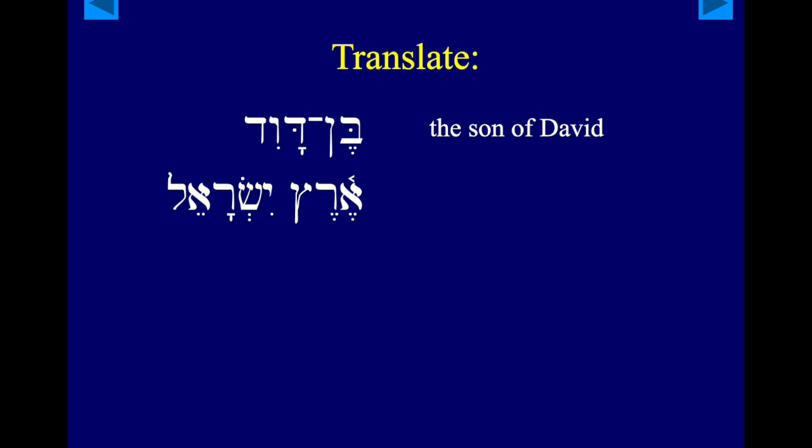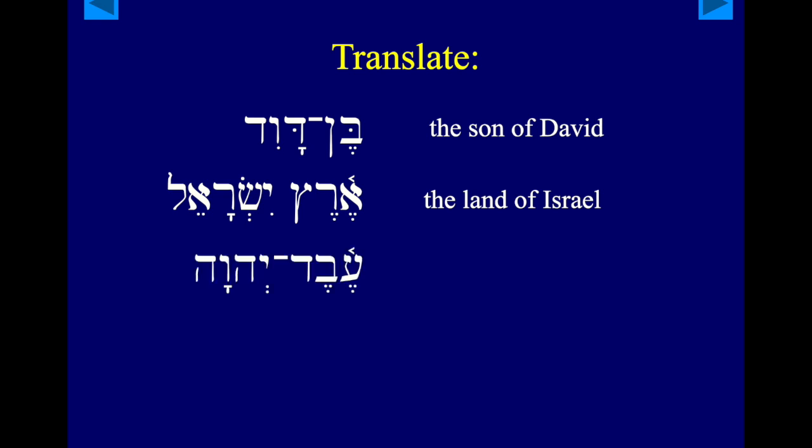Or let's think about this one. Eretz Yisrael. Eretz means land, and Yisrael means Israel, so the land of Israel, right? Now, I don't see the word of here in Hebrew, and I actually don't see the word the either here, right? The definite article is not here. But as we'll see in just a moment, this is the way that we create these kind of phrases in Hebrew. The land of Israel is Eretz Yisrael.